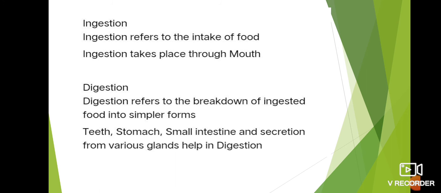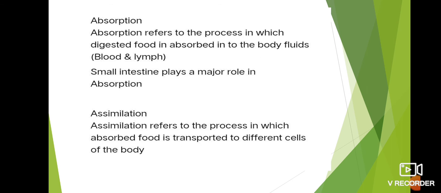Next is digestion. It refers to the breaking down of ingested food into simpler forms. Teeth, stomach, small intestine, and secretion from various glands help in digestion. Next is absorption. It refers to the process in which digested food is absorbed into the body fluids like blood and lymph. The small intestine plays a major role in absorption.